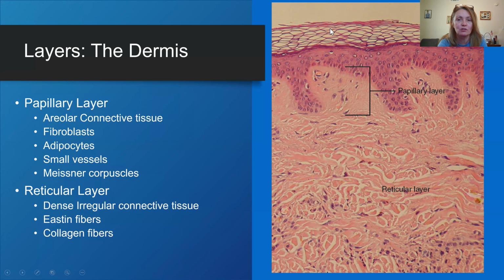So you see this keratin on the top, that's a dead layer of cells. Then areolar, and then dense irregular. And in the dense irregular layer, you will find fibroblasts as well, because we do need cells that produce all these fibers. And fibers will be collagen and elastin.